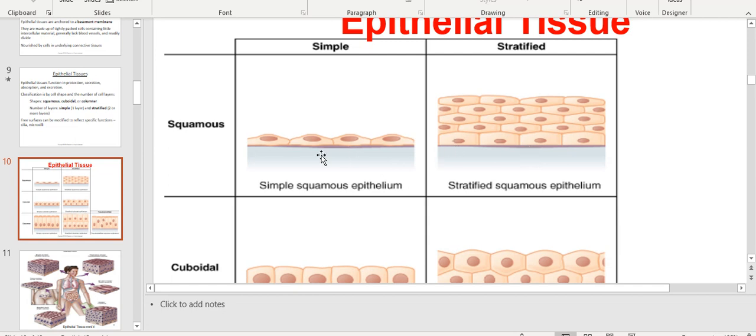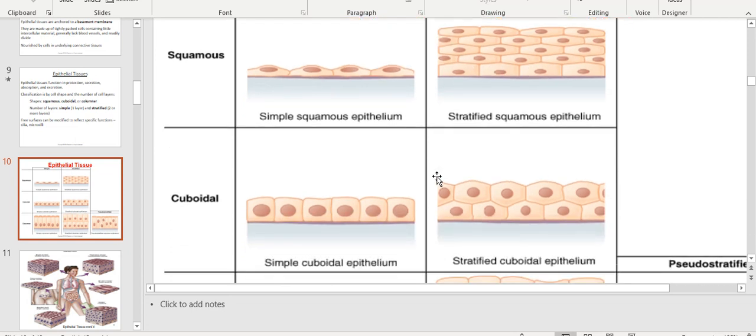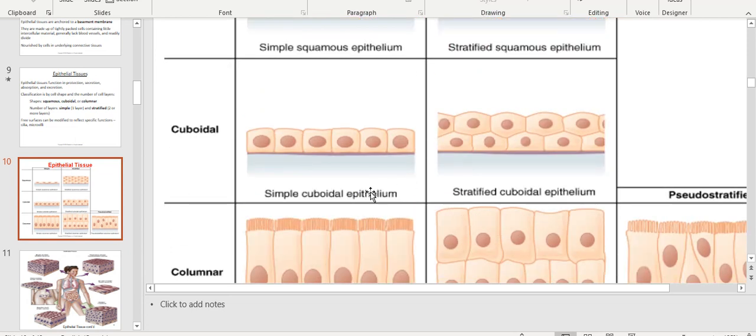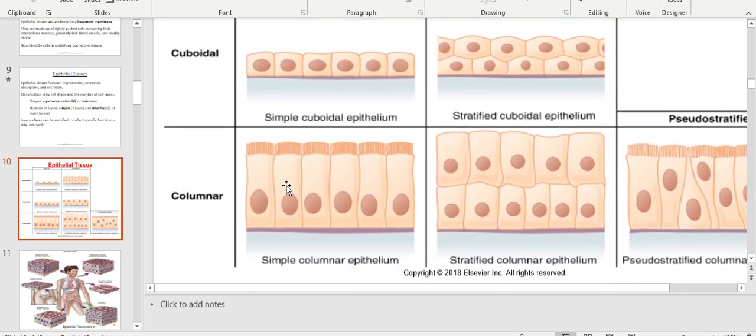Simple means there's one row. Stratified means there's more than one. Cuboidal means cube shape. Here we have simple cuboidal, and here we have stratified cuboidal. And then we have columnar.